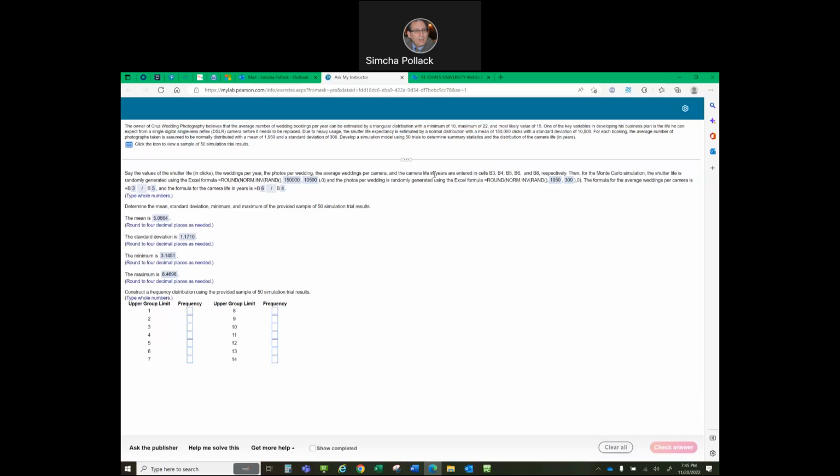You figure out how they're related, and then you have the computer pick random numbers to simulate this process. And doing this many, many times, like 1,000 times, let's say, and looking at the spread of the results, you can then say, well, 95% of the time I'm going to need, I don't know, 3 cameras per year, and that will impact your business plan.